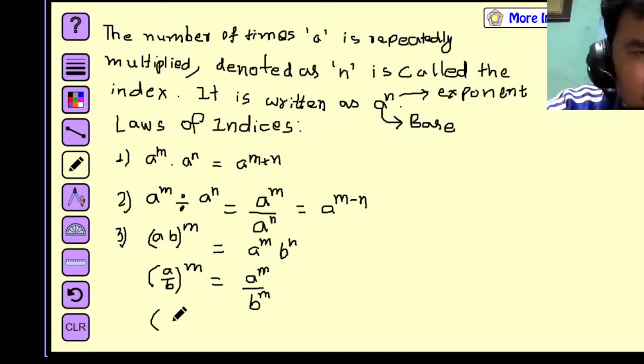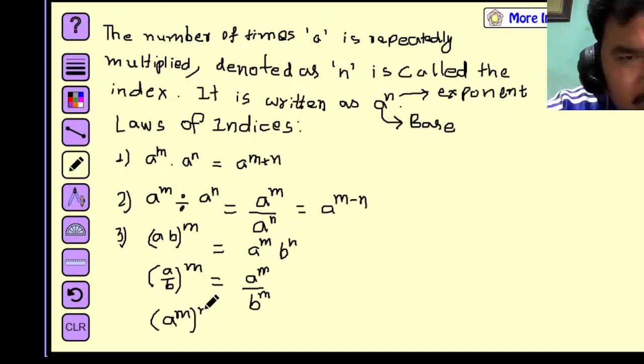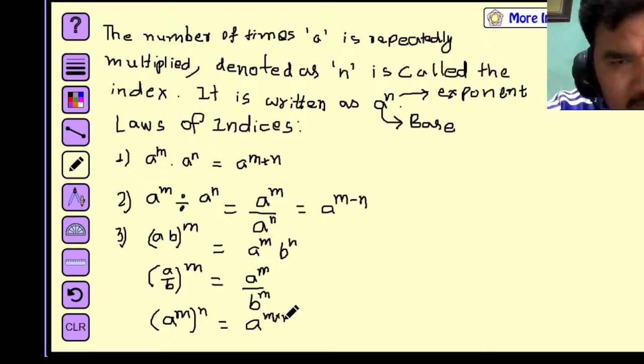Look here, suppose A has power m, and it again has another power, n. In this case, when we remove this bracket, the power and its whole power will be multiplied. The base will be the same, A, and we have to multiply m into n.